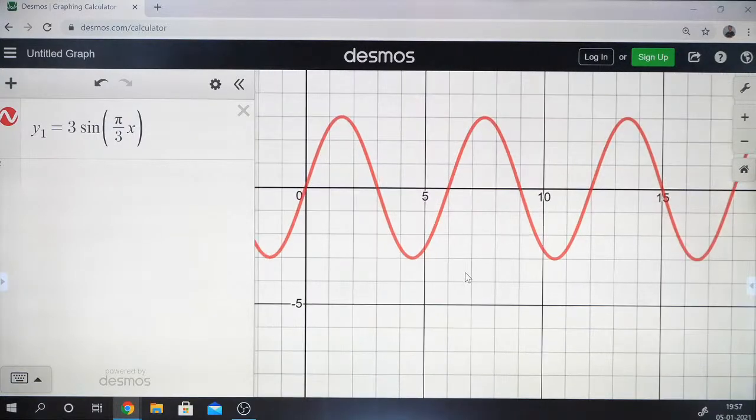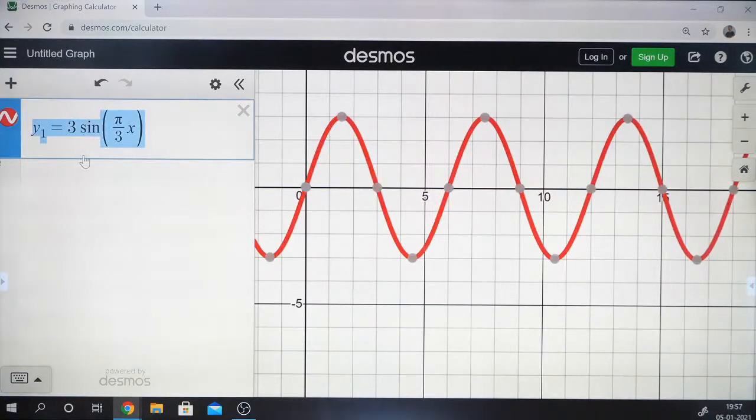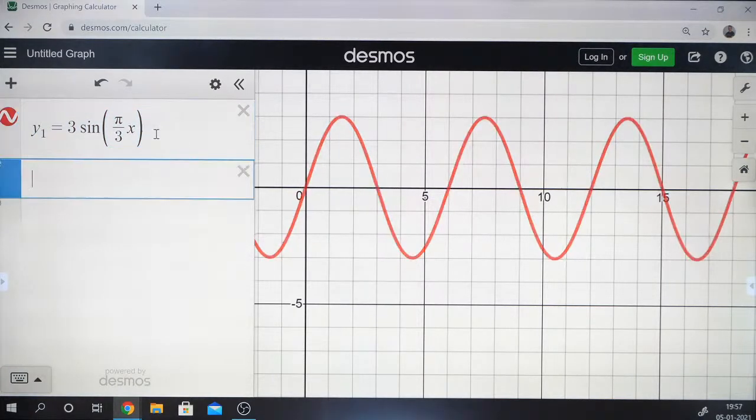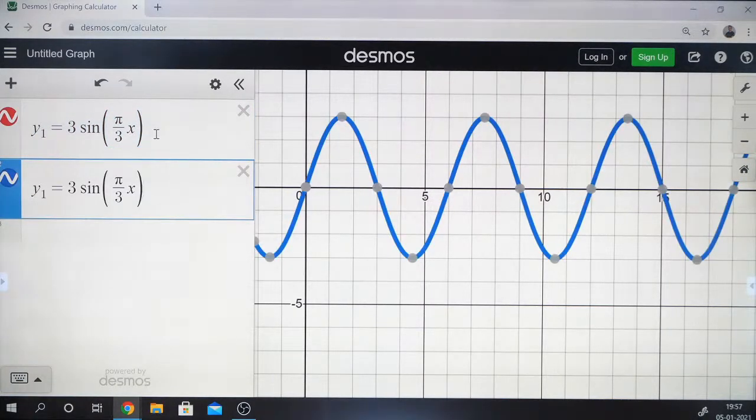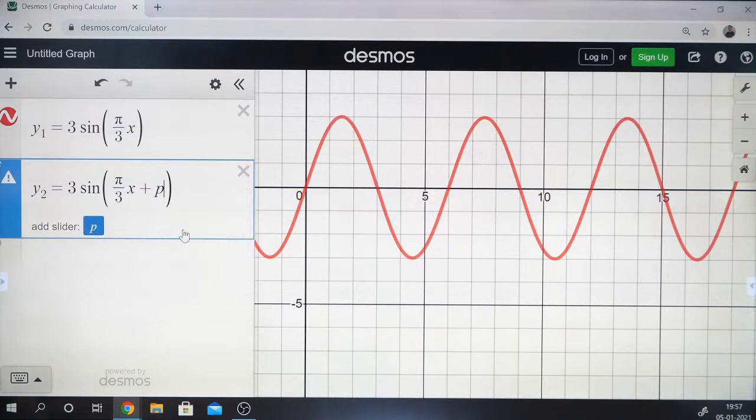Okay, so this is normal sine graph. So let me again copy paste this, and let me put another graph, but this graph I will call y2, and I will add some phase. So I'll put plus p. That p stands for phase difference, guys.